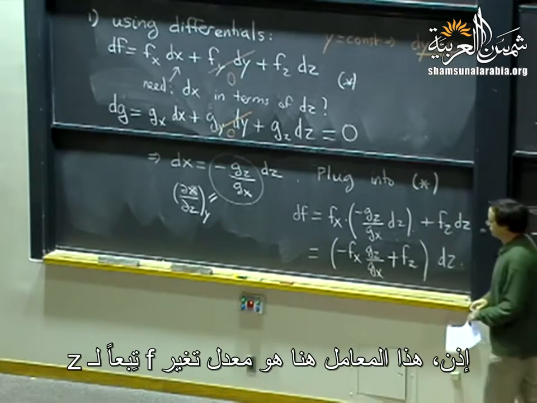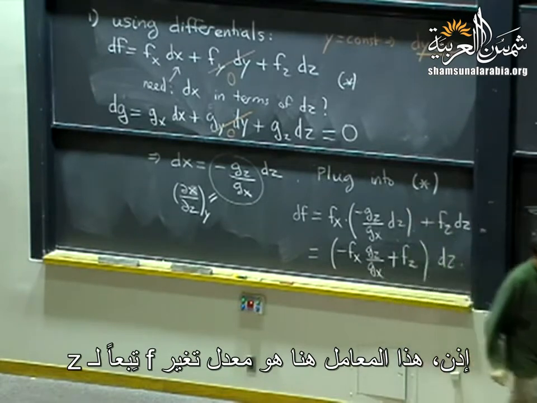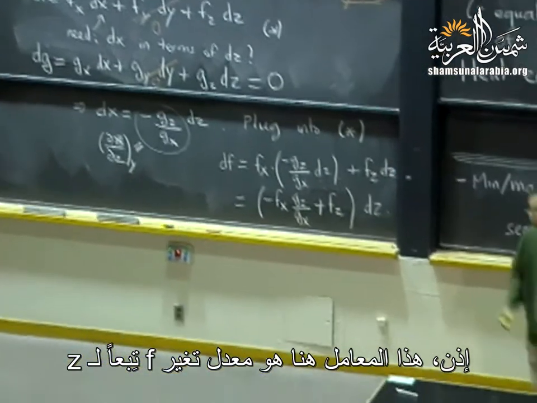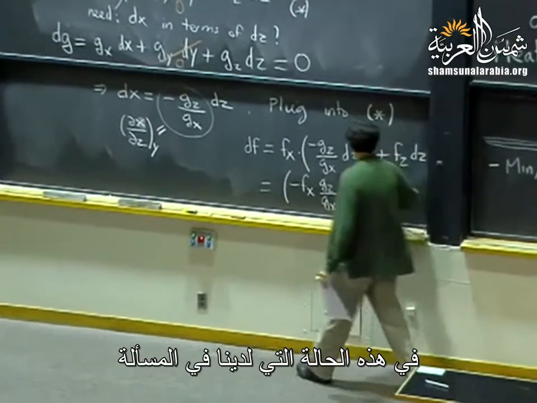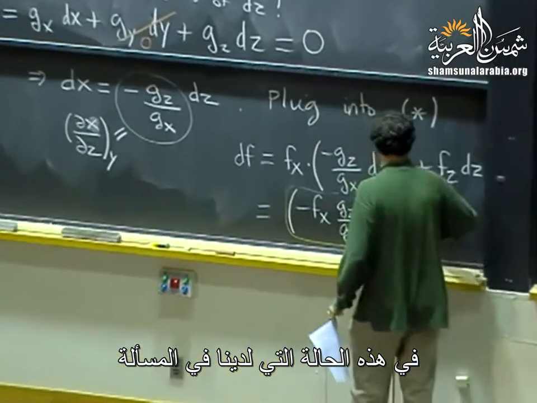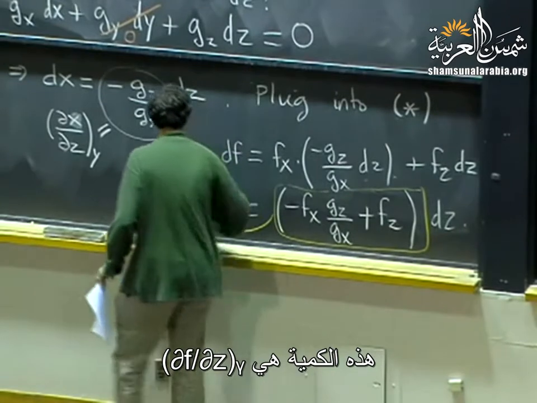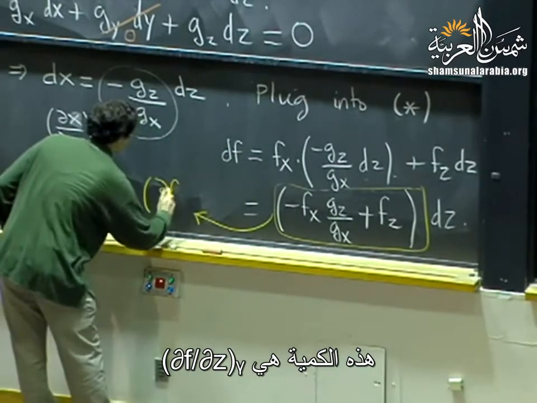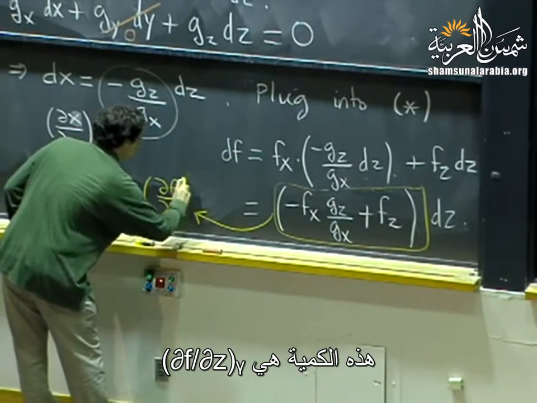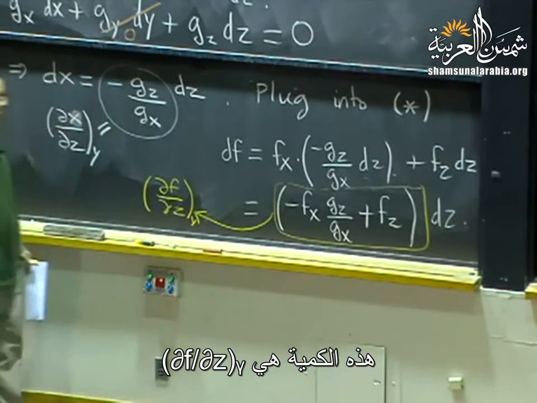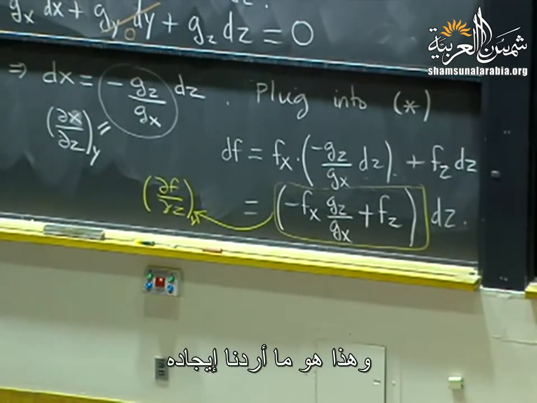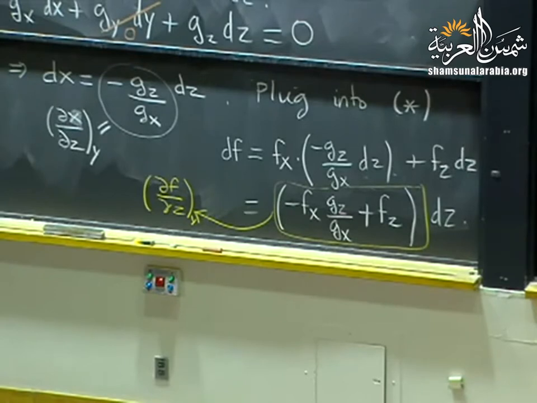And so this coefficient here is the rate of change of f with respect to z in the situation we are considering. So this quantity is what we call partial f over partial z with y held constant. That's what we wanted to find. Okay?